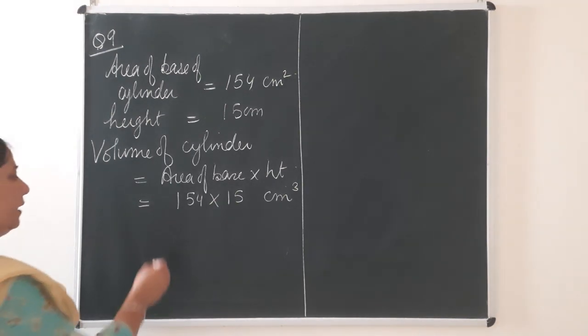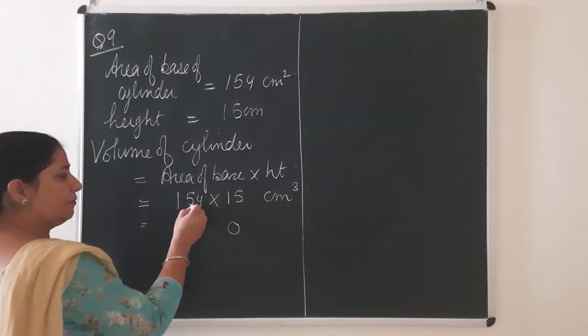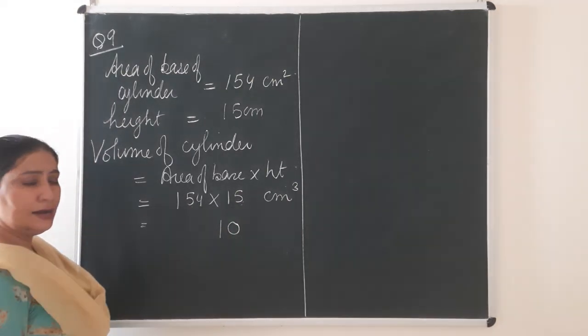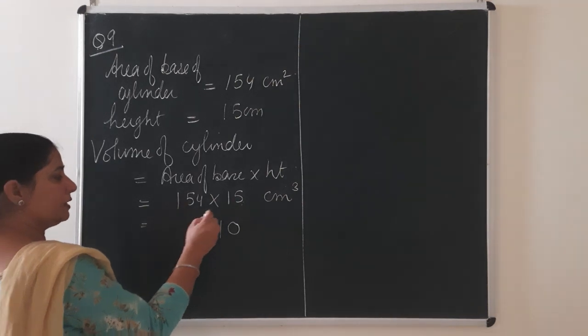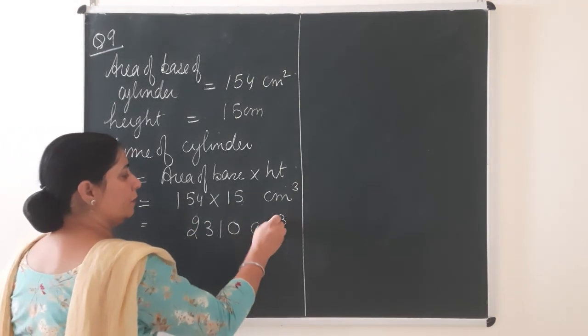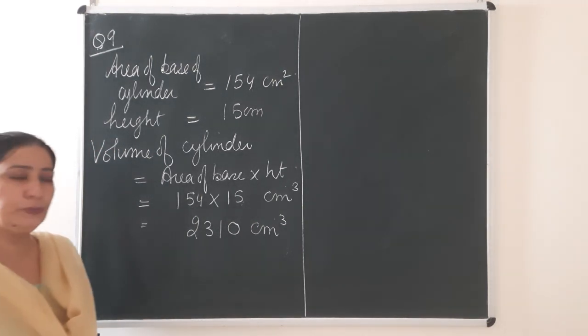Now let's multiply. 15 4s are 60, 6 carry. 15 5s are 75, 75 plus 6 is equal to 81, 8 carry. 15 ones are 15 plus 8, 23. So the volume of this is equal to 2310 centimeter cube.